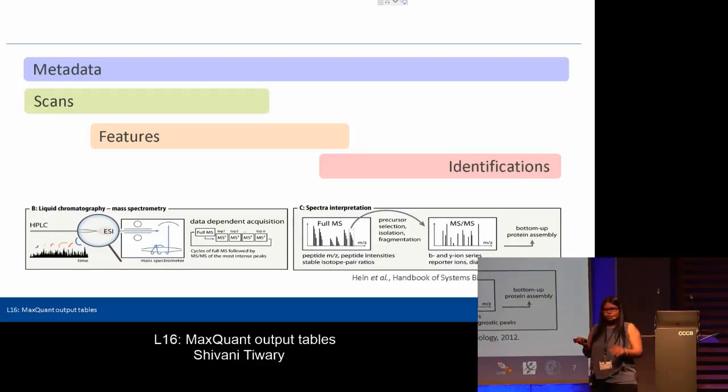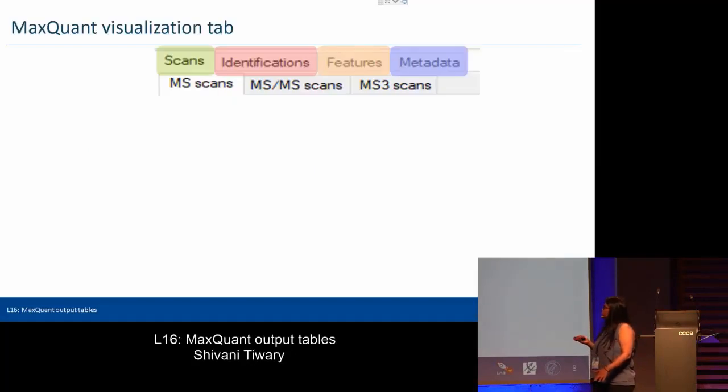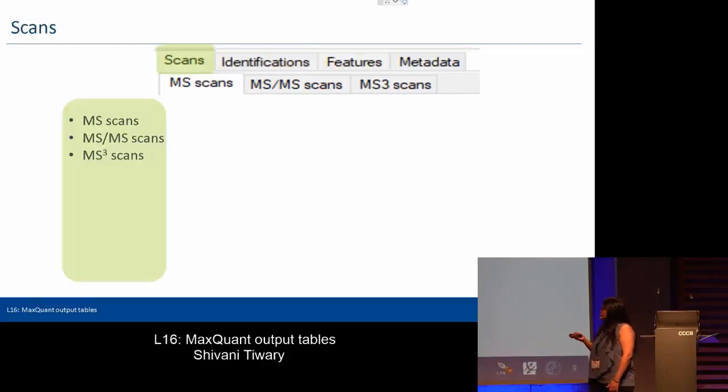So this is reflected in the MaxQuant output tables, and you can see that these tabs are there in the visualization tab: scans, identification, features, and metadata. And these tabs have their sublevels, which correspond to your output tables. So for scans, you have MS scans, MSMS scans, and MS3 scans.